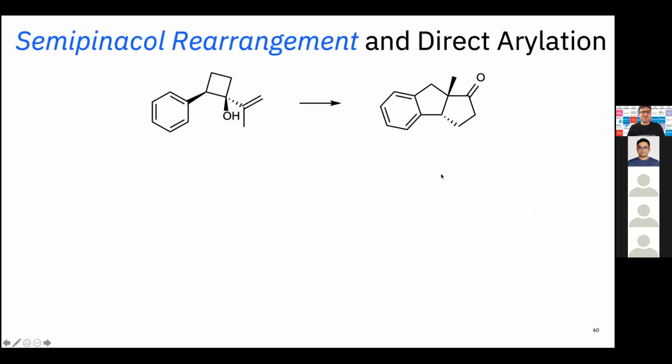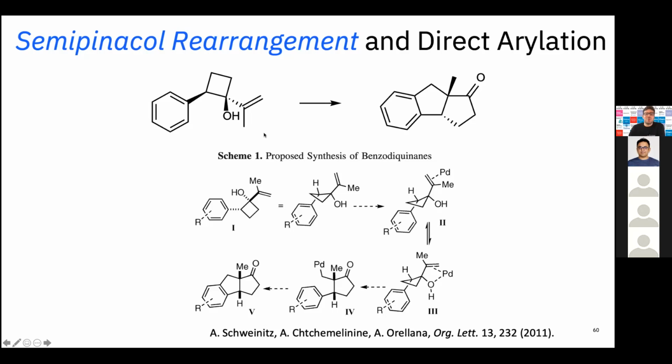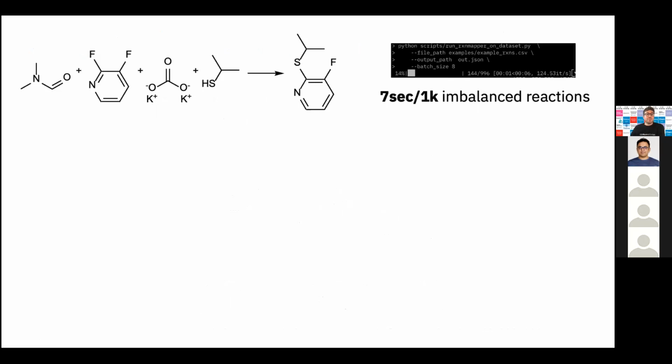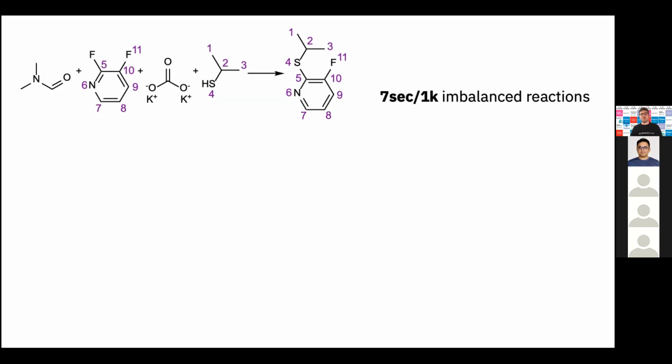For the experts in the audience, this is maybe a slightly more challenging example that would require you to draw a few intermediate steps. So I will just show what was proposed in the original paper. And Reactionmapper was able to correctly map this reaction. The atom maps are not only accurate, but we also map at fast speeds, like 7 milliseconds per reaction, which allows us to map huge reaction data sets.